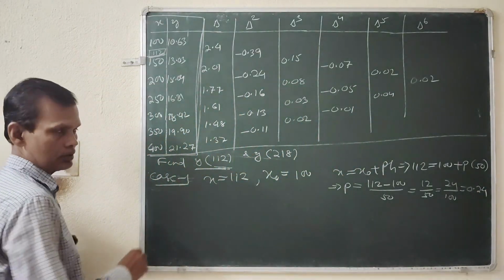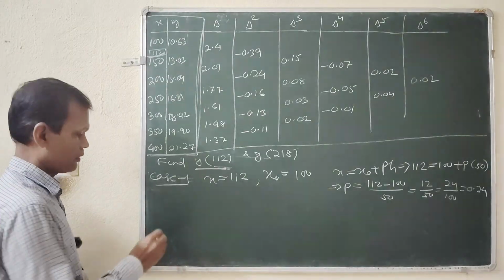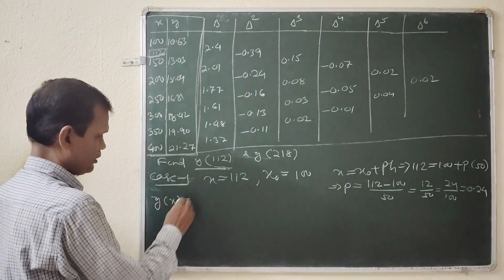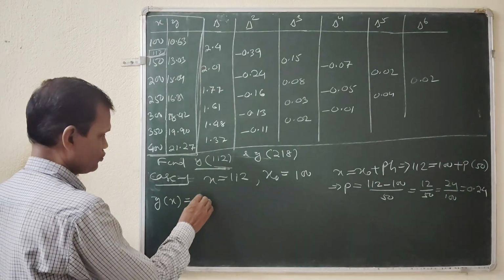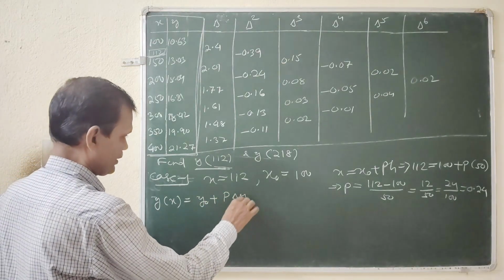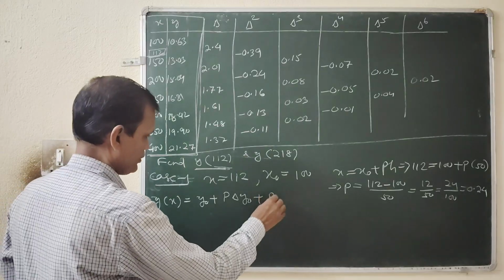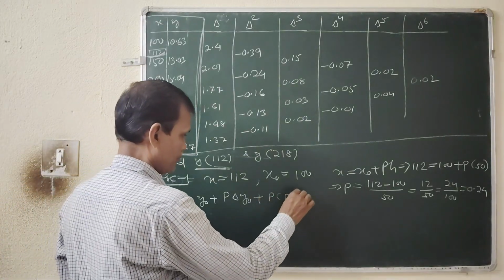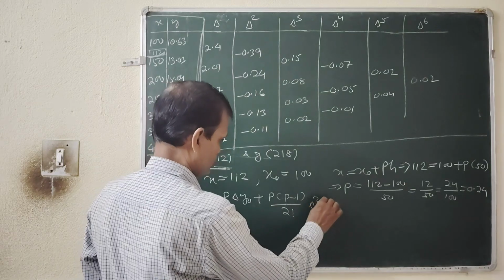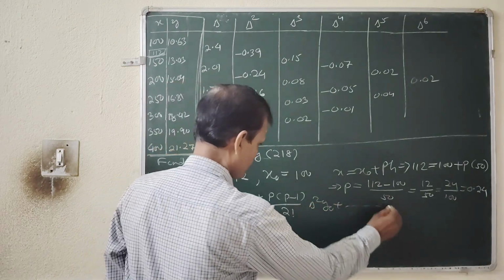Then you apply Newton's forward difference interpolation formula, that is y of x equals y0 plus p delta y0 plus p into (p minus 1) by 2 factorial delta square y0, and so on.